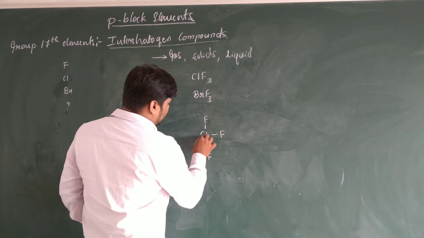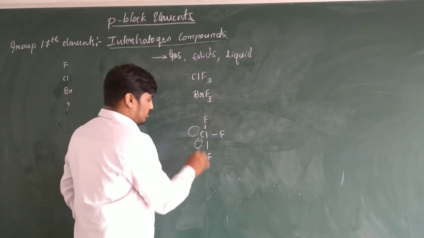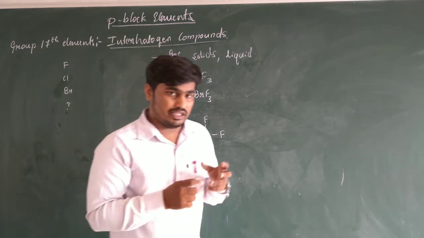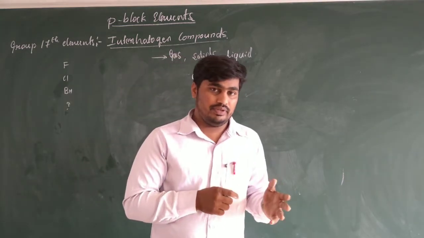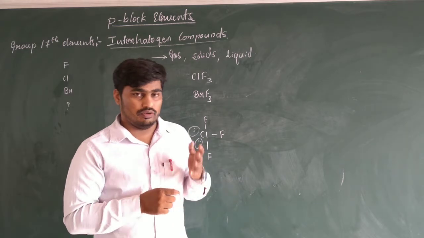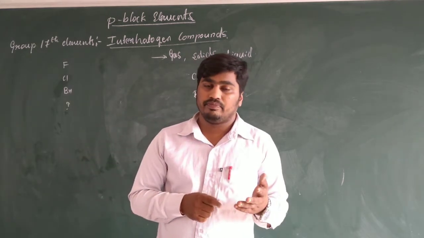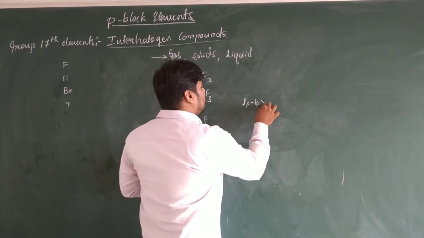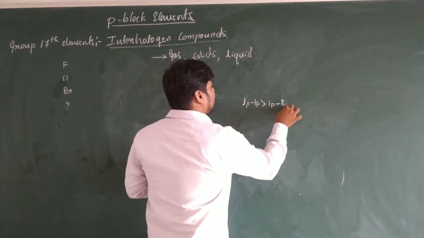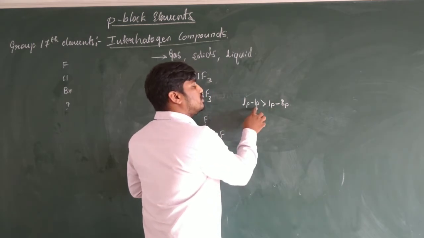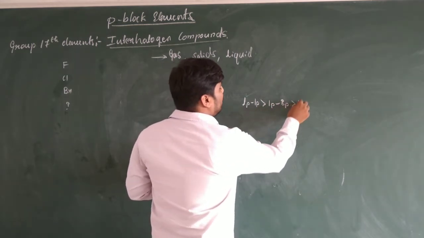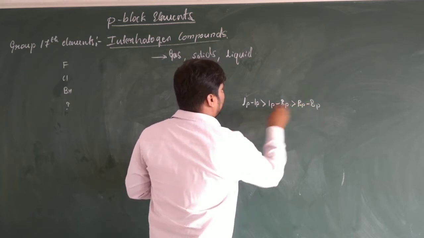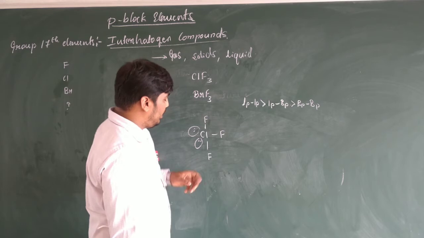According to VSEPR theory, chlorine contains two lone pairs of electrons. The VSEPR theory says that there is repulsion between bond pair and bond pair, and lone pair and lone pair. Lone pair-lone pair repulsion is more than lone pair-bond pair repulsion, and bond pair-bond pair repulsion is very low compared to lone pair repulsion.